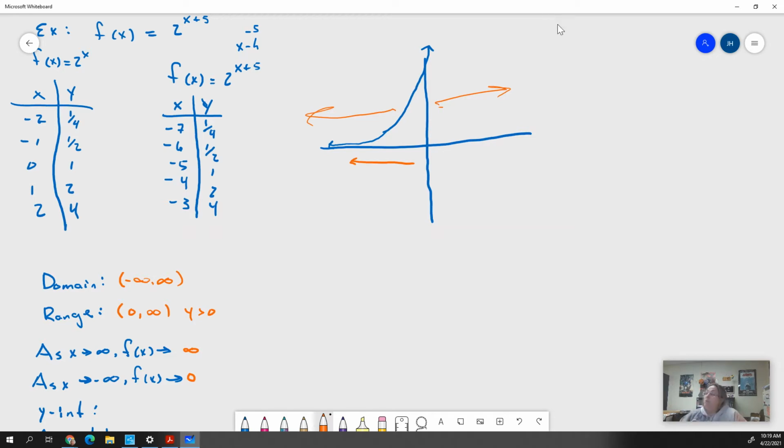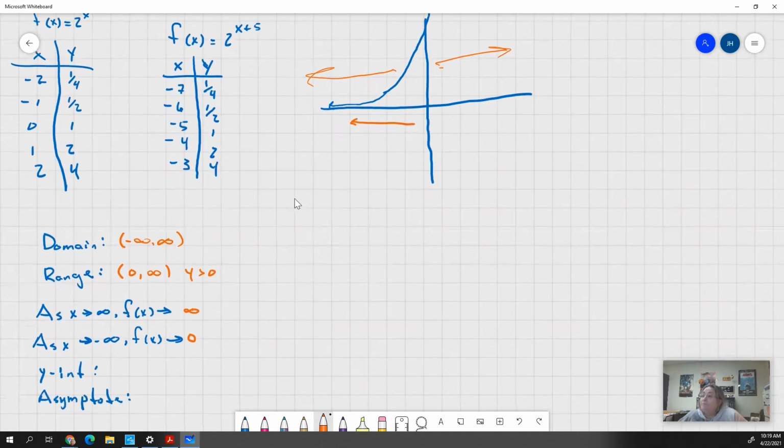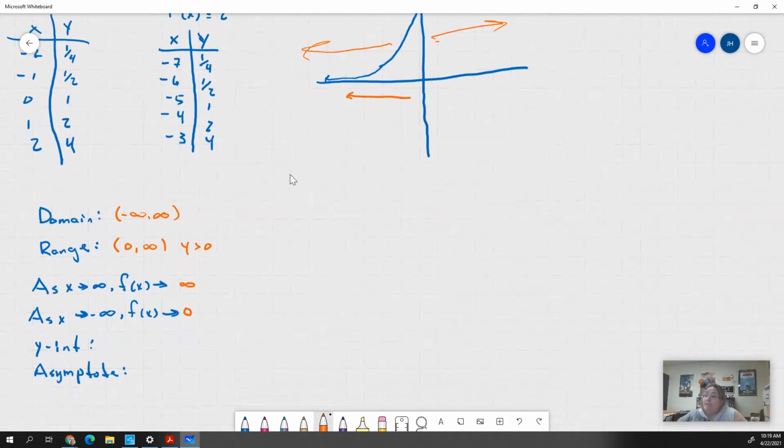What has changed is our y-intercept is no longer 1. We don't know what it is, but we've got f of x, or y, equals 2 to the x plus 5. And we know for the y-intercept that if we set x equal to 0 and solve, we'll know what our y is.